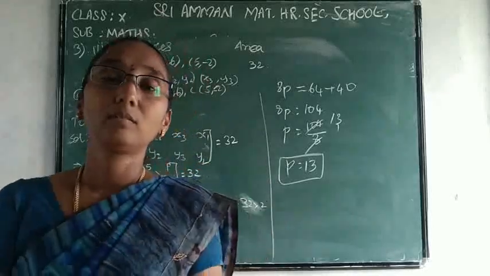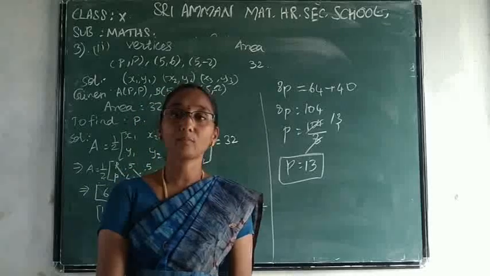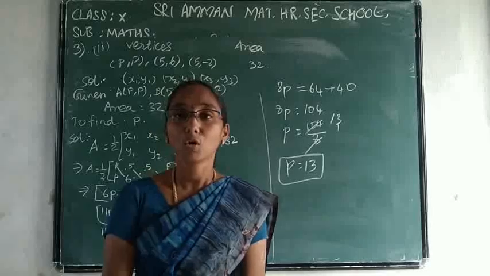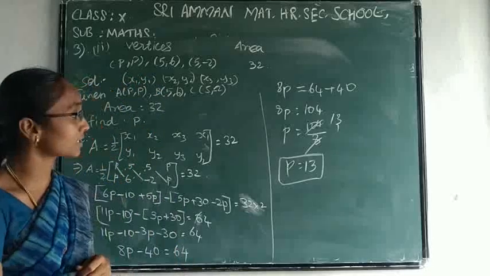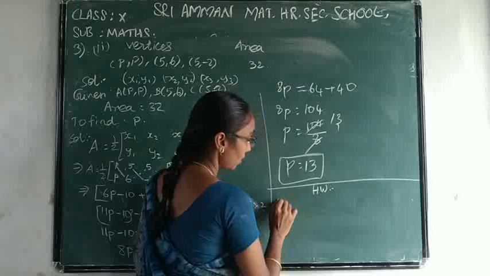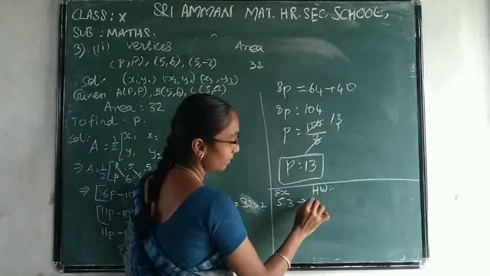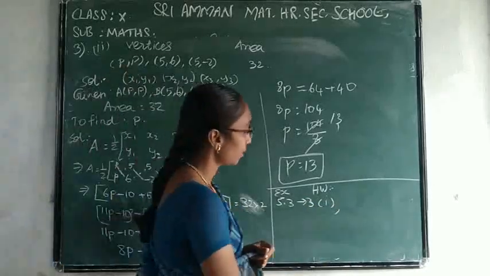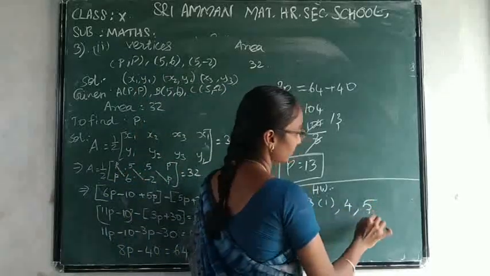Okay students, this is exercise 5.3 third Roman second sum. Your homework sums are exercise 5.3 third Roman first sum, and fourth Roman fully, and fifth Roman.